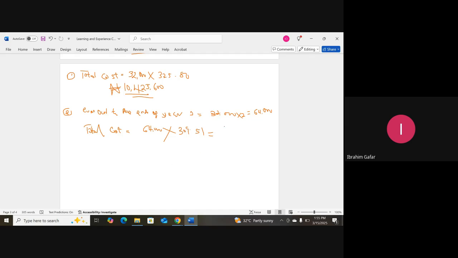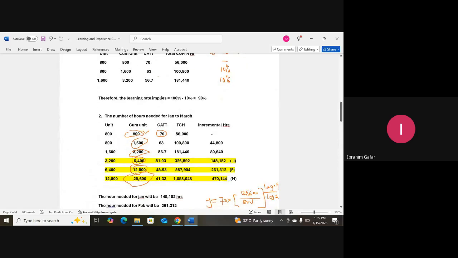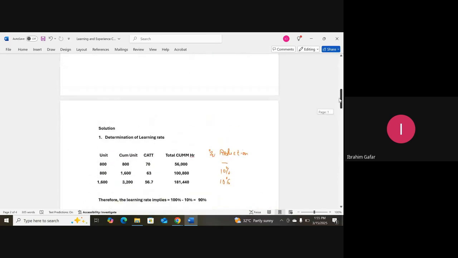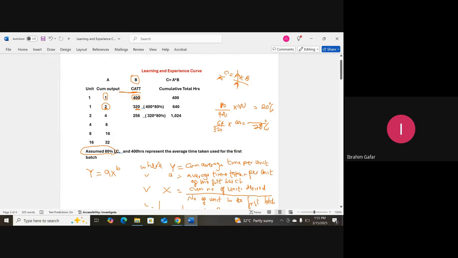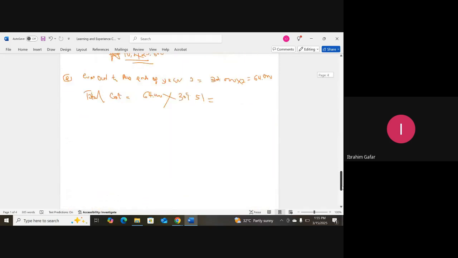Using a table like this, whatever you get here, to get the next one you have to multiply with the learning rate. It's the same thing here.